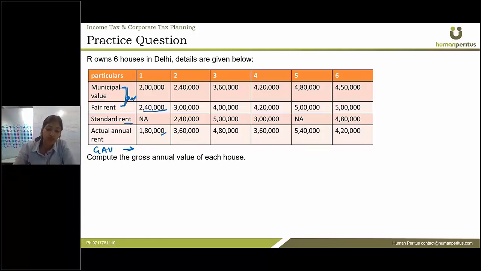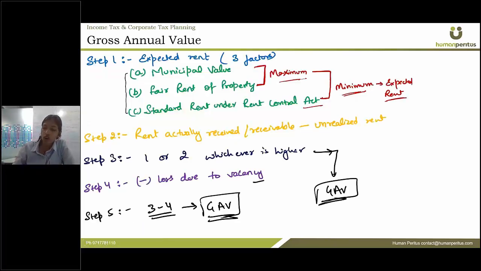We only take municipal value and fair rent. So when standard rent is not given, then only this value is taken as step 1 or expected rent. If standard rent is given, then after this step only we will calculate standard expected rent.